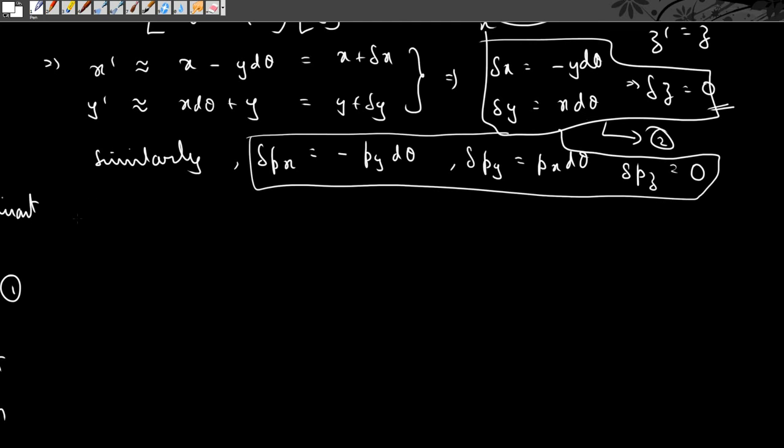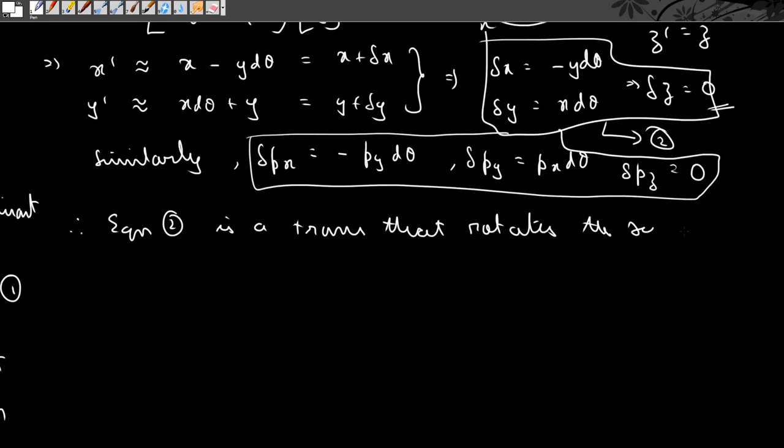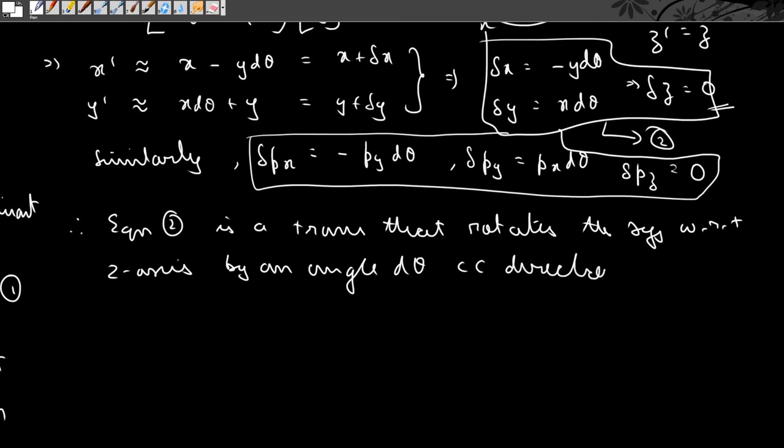Therefore equation 2 is a transformation that rotates the system with respect to z-axis by an angle d theta in the counterclockwise direction.